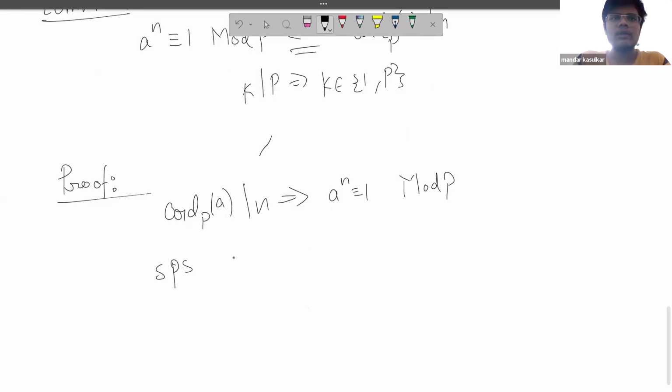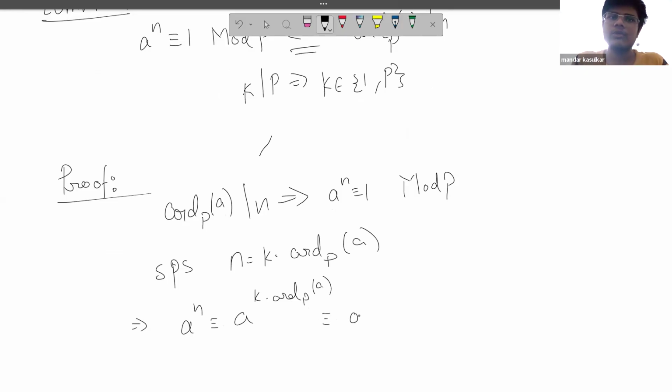Suppose n is equal to k times the order of a mod p. That implies a raised to the power n is congruent to a raised to the power k times order of a modulo p, which is congruent to a raised to the power order of a mod p, whole raised to the power k, congruent to 1 modulo p.